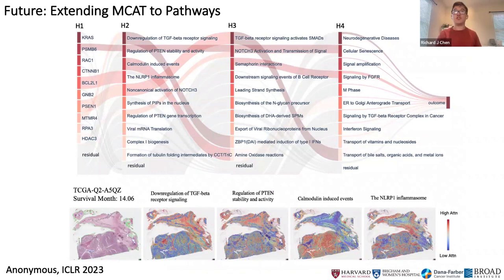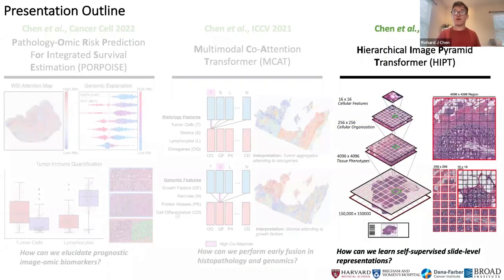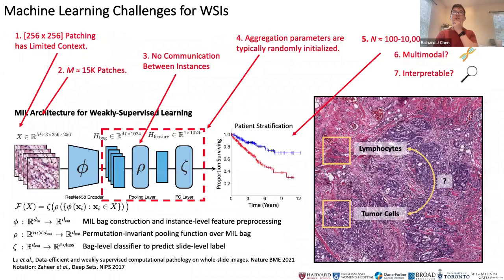Okay, I'll just jump towards this work that appeared in CVPR. I'll try and give this in 5 minutes. Overall, these are the challenges for weakly supervised learning in whole slide images.